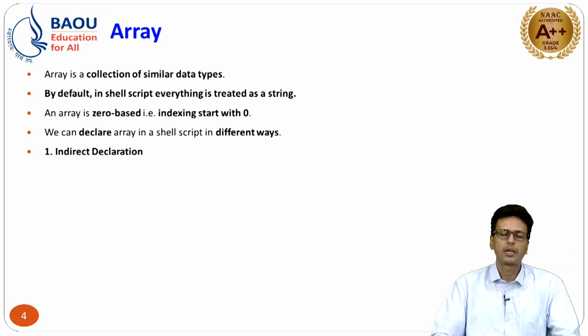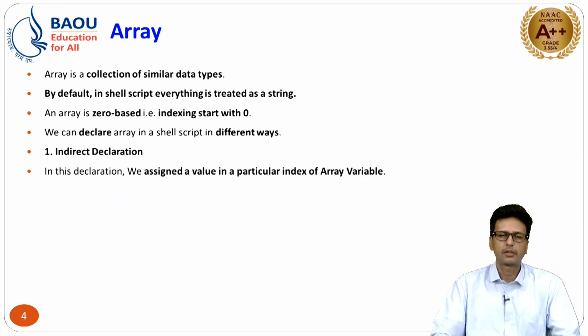Now, there are multiple ways to declare an array in shell programming. The first is indirect declaration, in which you are assigning a value at a particular index of the array variable. You can see on the screen the syntax: array name, index number, and then the value. Whatever array you want to declare, you have to specify that name.